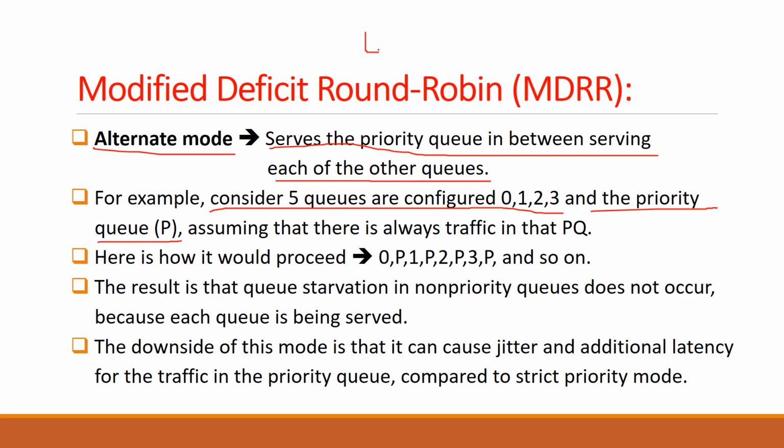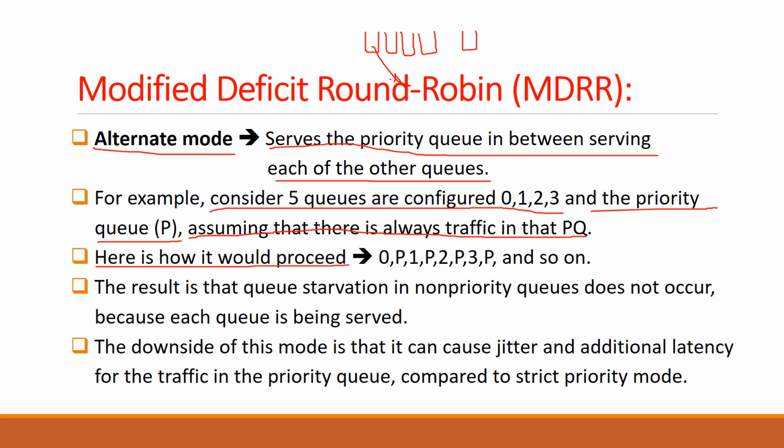So it means we have 0, 1, 2, 3, and the priority queue. Let's assume that the priority queue always has traffic inside the queue. So here is how it will proceed.